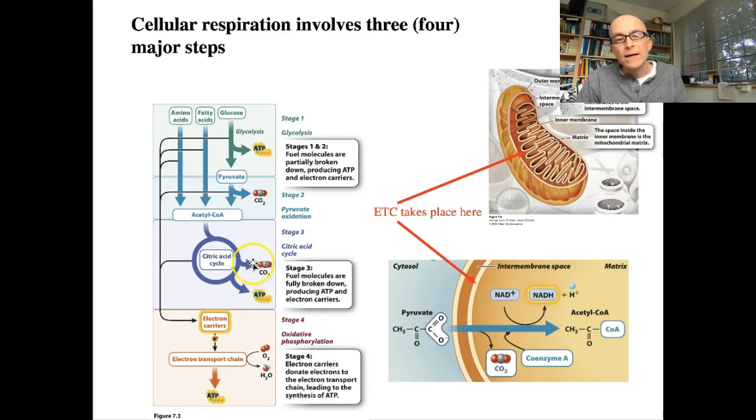There again, carbon dioxide comes off, ATP is produced in substrate level phosphorylation, just like here. And then what is also happening in addition to that is that electron carriers are picking up electrons with hydrogens, and they then transfer that to the electron transport chain.